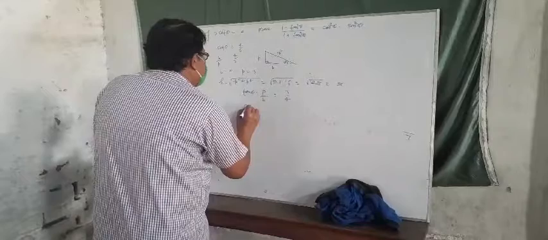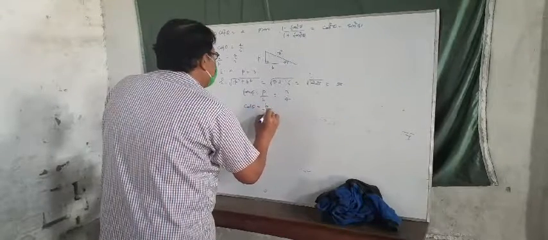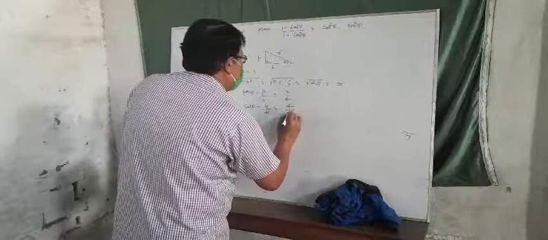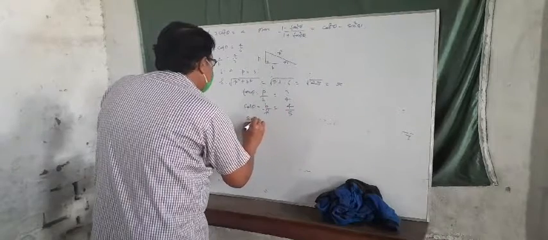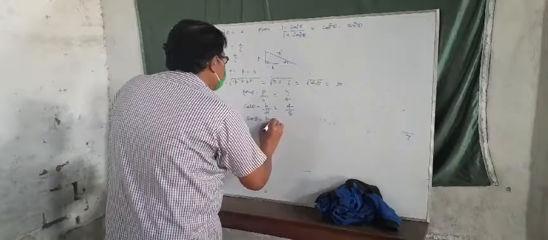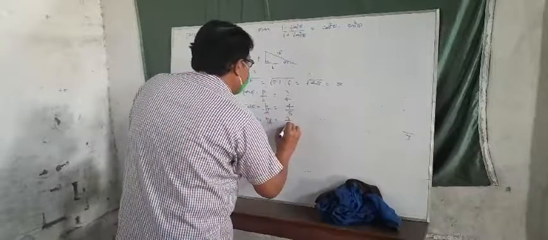Cos theta, as we know, is B upon H. B is here 4, H is 5. Sin theta is P upon H. P is here 3, H is 5.